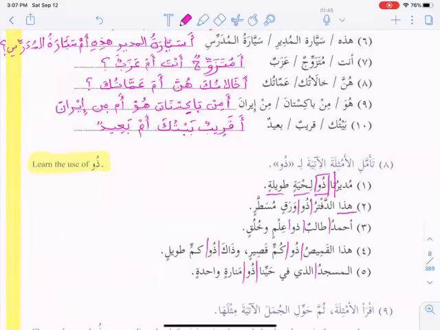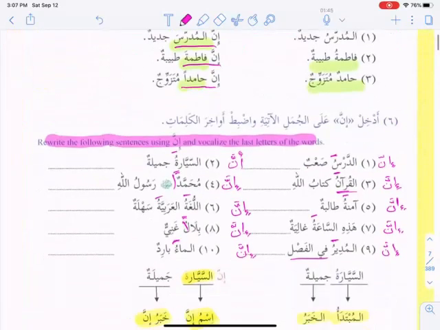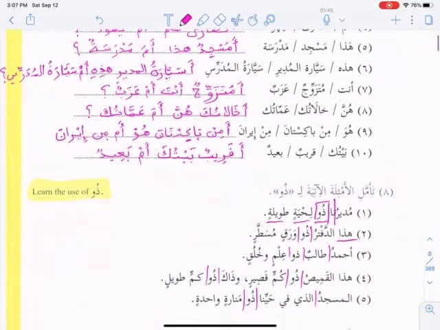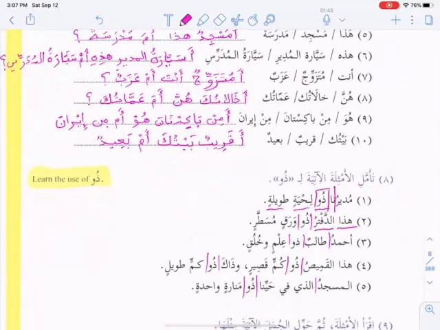Haza mubtada. Ad-daftaru, this is your badal. So I have mubtada here, this is badal, I need khabar. So zu is your khabar. Zu warakin musattirin, lined pages. This notebook has lined pages.